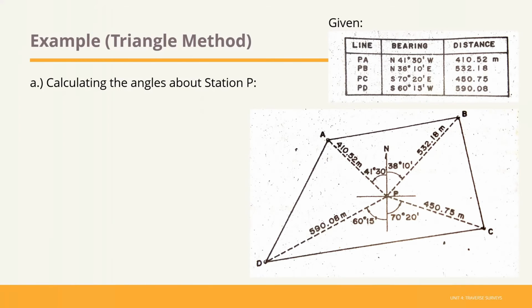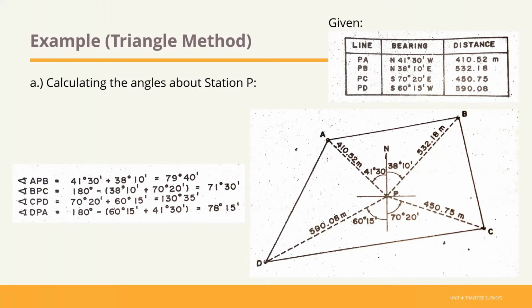First, let us calculate the angles about station P. We'll get the angle of the triangle APB, the triangle at the top part of the traverse, which is 41 degrees 30 minutes plus 38 degrees 10 minutes, equal to 79 degrees 40 minutes.